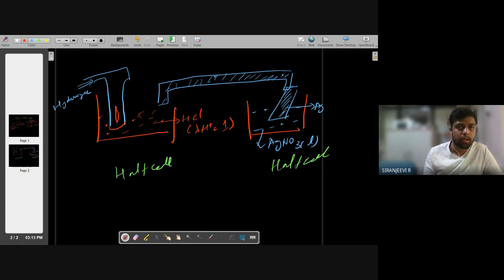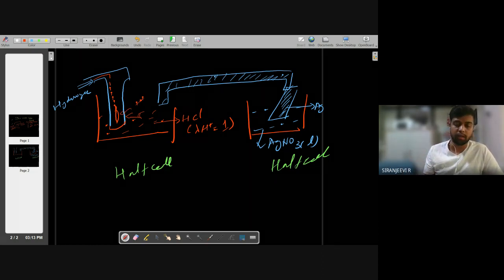Here also the hydrogen gas supply is there, and outside also the hydrogen supply comes inside. How they measure this when we compare it with any other voltage potential difference we want to measure: these are considered the reference electrode.